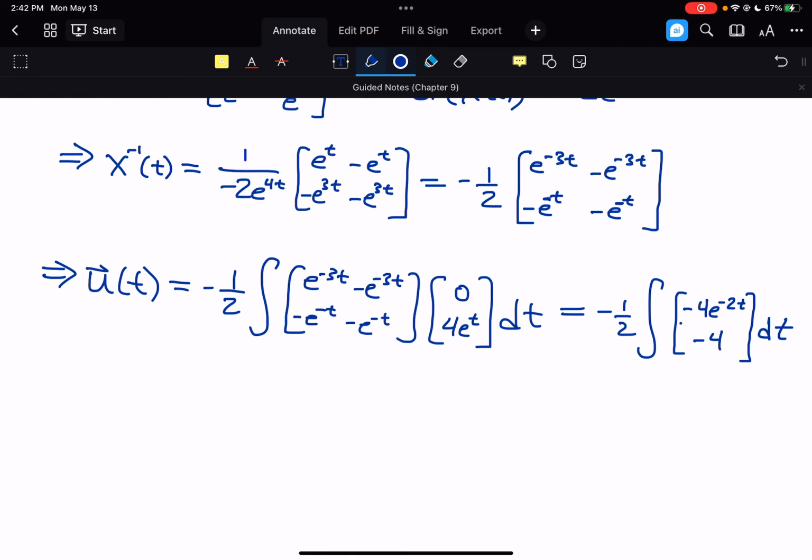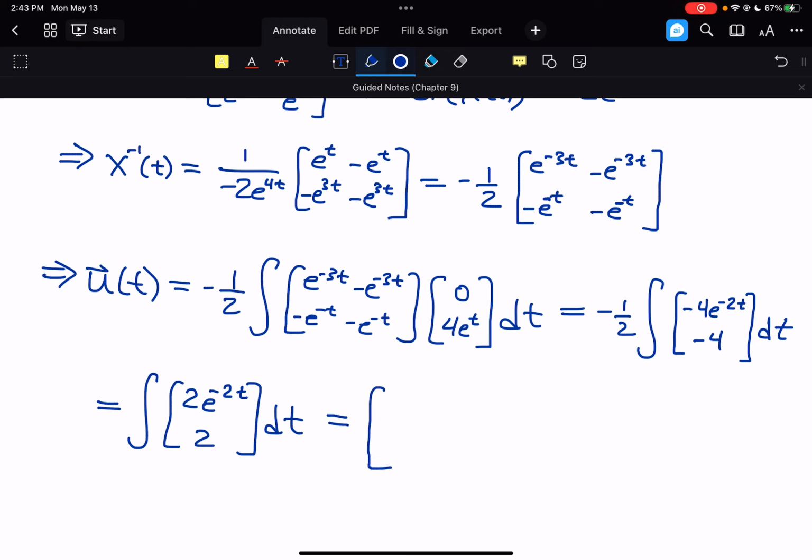We can go ahead and multiply the negative 1/2 back in now. I think that'll simplify things a little bit. So that would give us 2e^(-2t) and 2, dt. And now we integrate with respect to t.